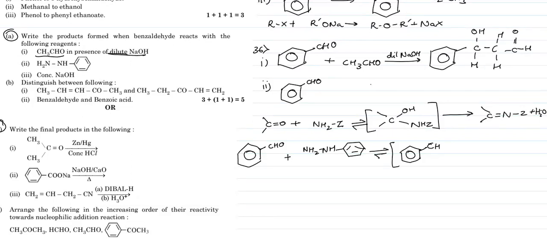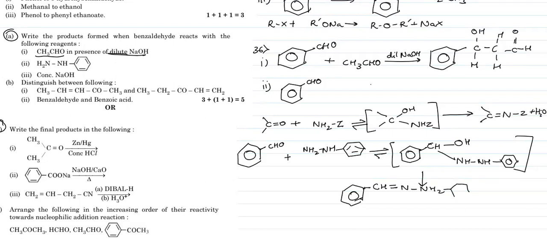The double bond between the carbon and the oxygen breaks for us to have OH and NH, NH. And this in turn is going to give us a double bond between the carbon and the nitrogen. So this is the nucleophilic addition reaction that aldehydes have undergone.